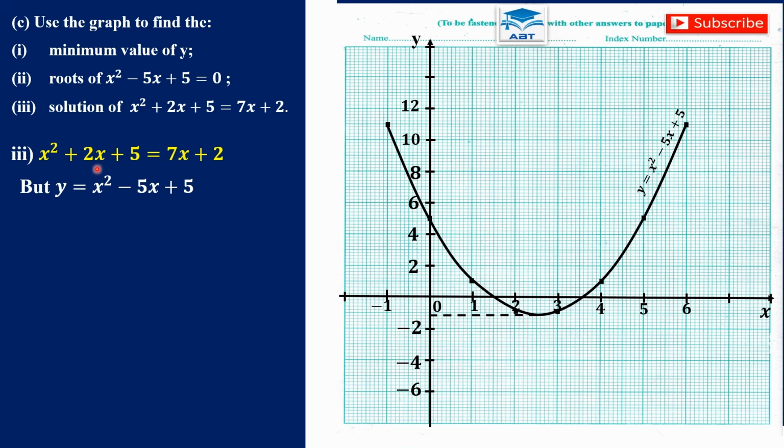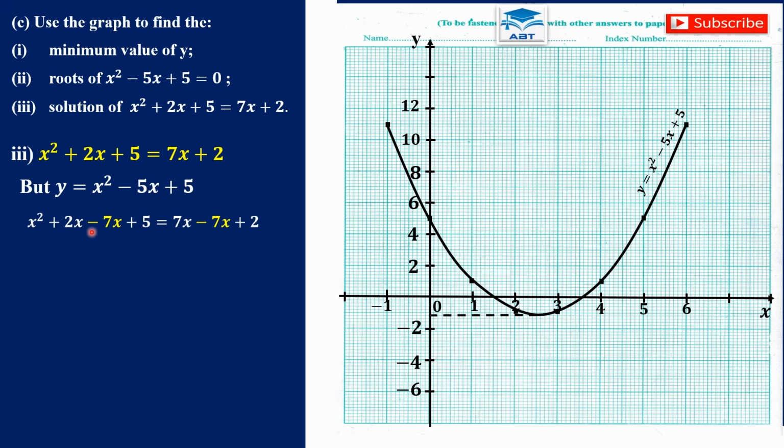How can we get minus 5x? We subtract 7x from both sides of the equation. So the left hand side, our x squared plus 2x, we are going to subtract 7x from there. Right hand side too, we subtract 7x from there.